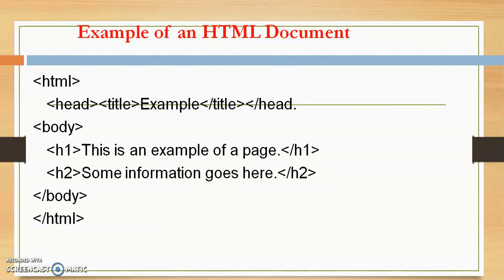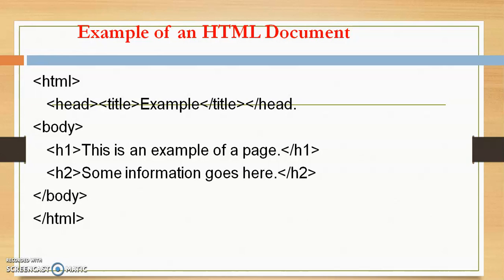So here is an example of an HTML document. It starts with the HTML tag. Inside the HTML tag, we'll have the head tag, and inside the head tag, we'll have the title tag followed by the content of the title to be displayed on the browser. And every start tag will have an ending tag.